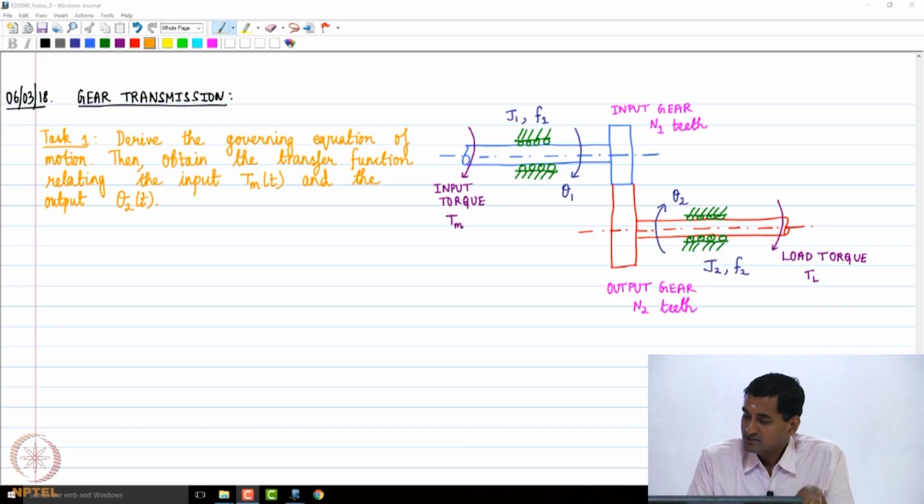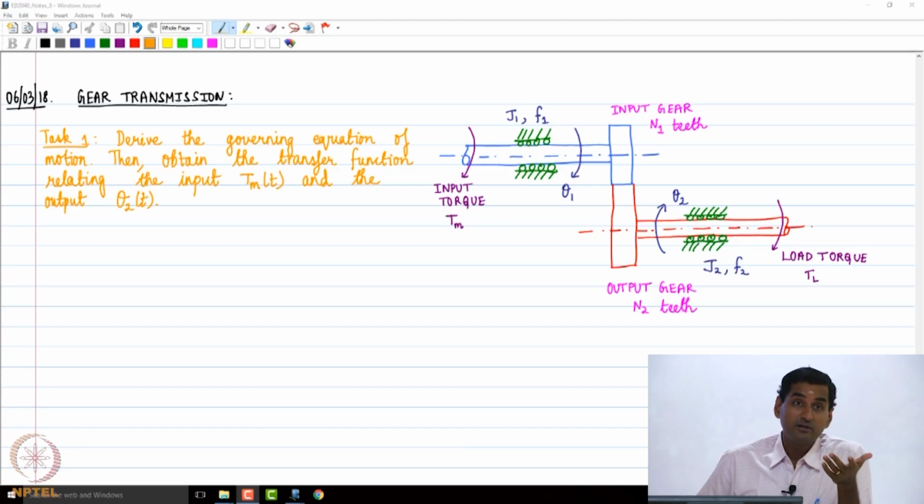That's the viscous friction coefficient. And let's say we have a load torque TL. Obviously, the output is going to drive some load. For example, one could use this arrangement to drive the wheel of a vehicle. Let's say you have a wheel of a car which is loaded, so it will provide some resistance. That is a load torque.